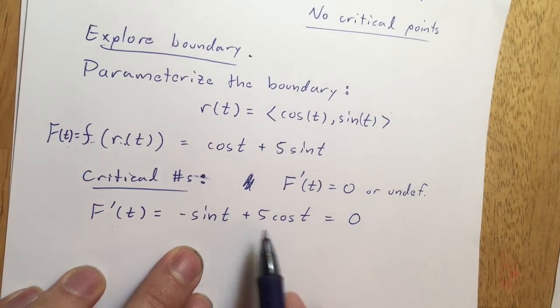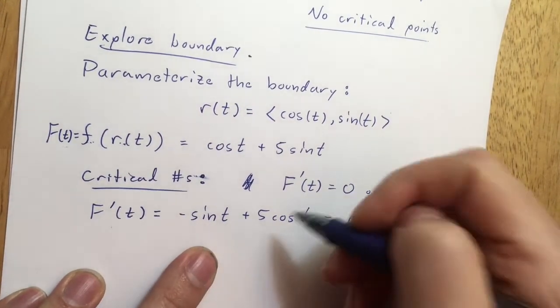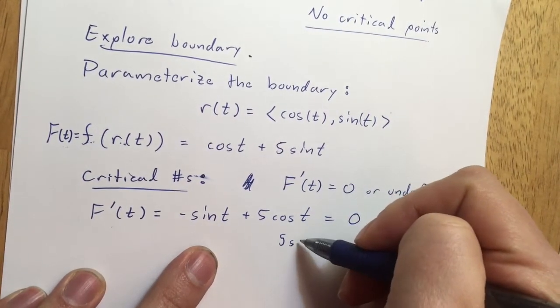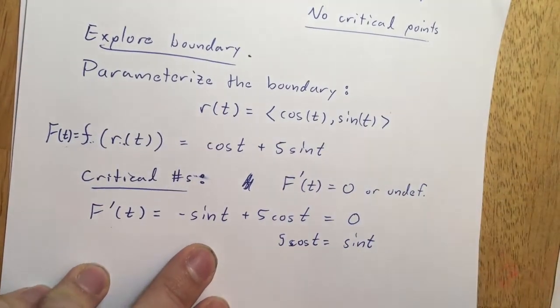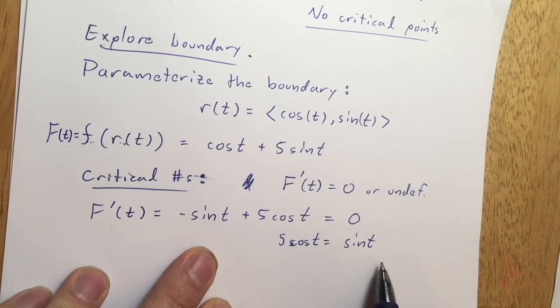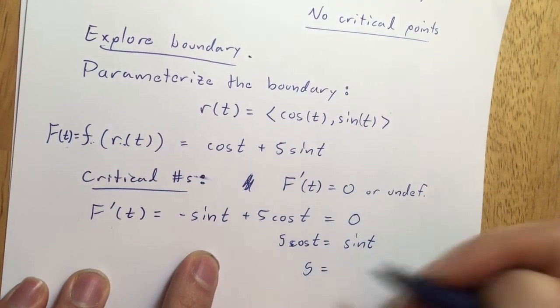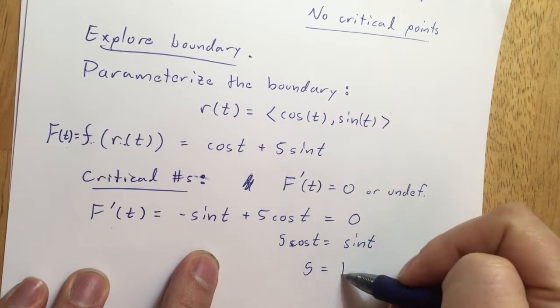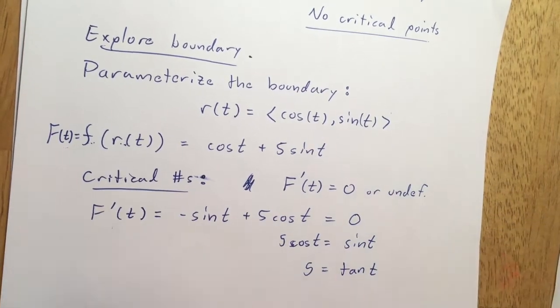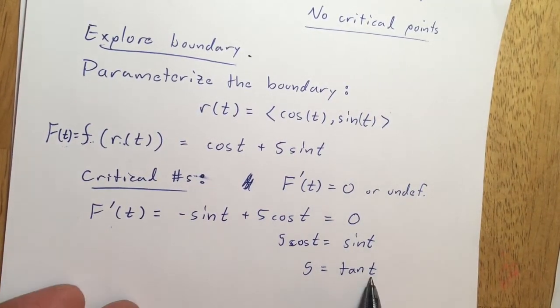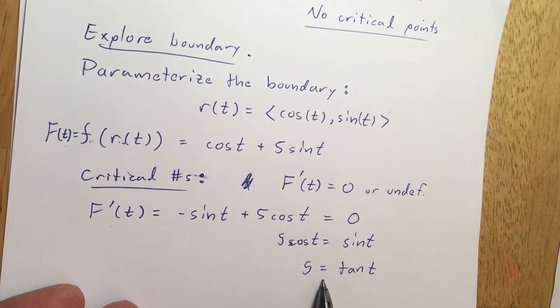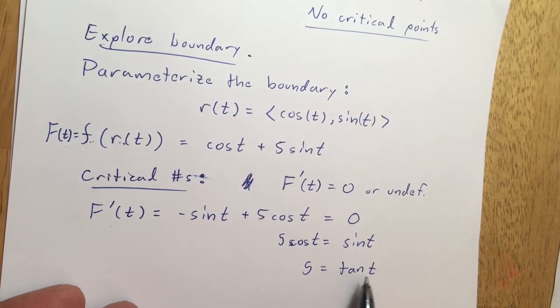Well, let's see. If it's equal to 0, I can add sine t to both sides, then divide both sides by cosine t. And sine divided by cosine is, of course, tangent t. So the values of t that are critical numbers satisfy tan t equals 5.